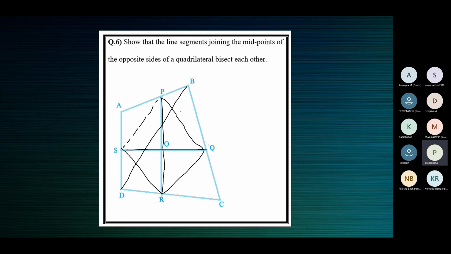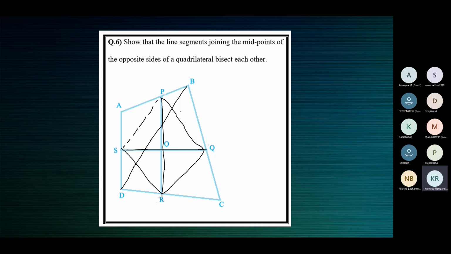In triangle ABD, P is the midpoint of AB. S is the midpoint of AD. Now by the midpoint theorem, what are the results? SP is parallel to DB and is half of DB. Very good. SP is parallel to BD and SP is equal to half of BD.